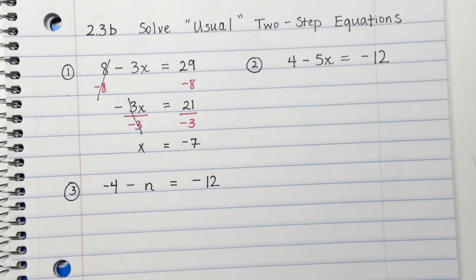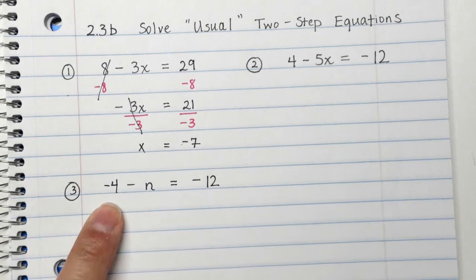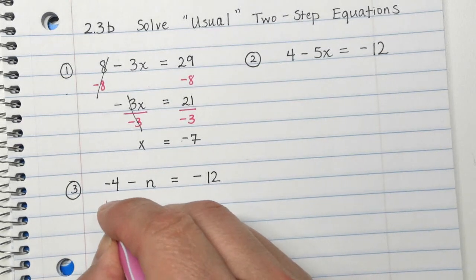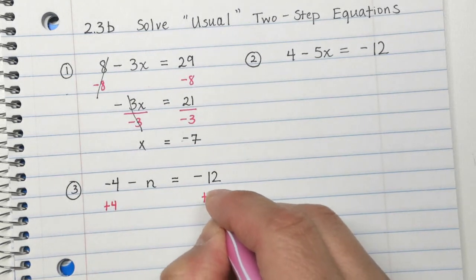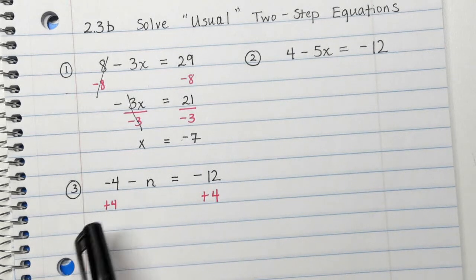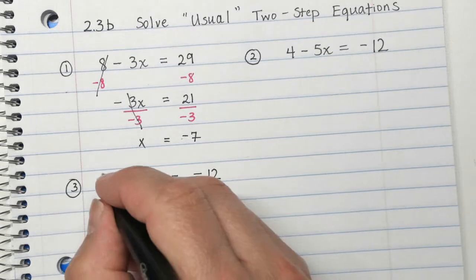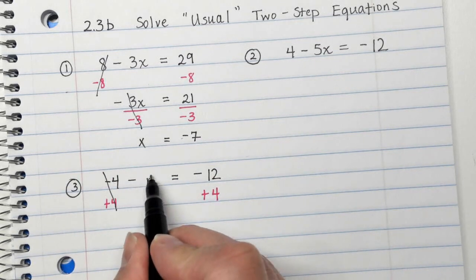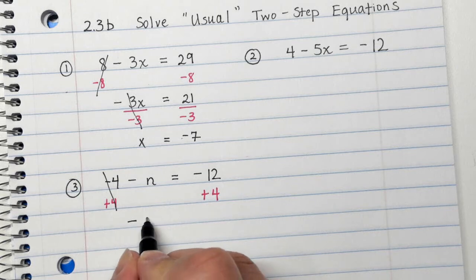Okay, so this time we got a negative 4 in front. In order to cancel, I'm going to have to add 4. Add 4. So negative 4 and a positive 4 equals 0. And then what's left over is negative n.